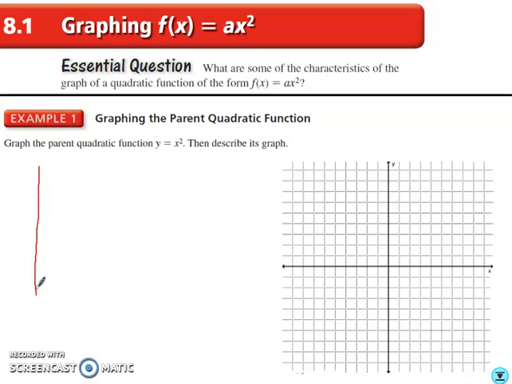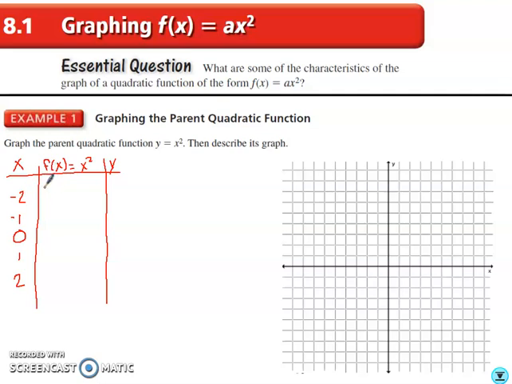So I'm going to go ahead and make a chart. I'm going to start by putting in an x value. Here I'll compute f of x is equal to x squared, and then I will have my y value. So I think it's good to start at the origin and then maybe take two numbers below and two numbers above.